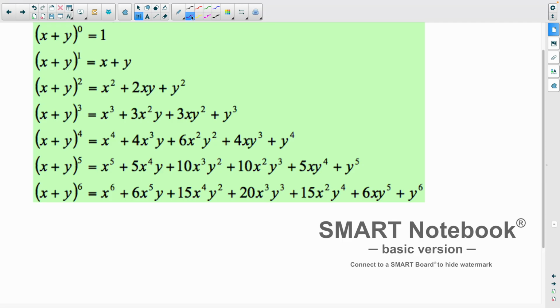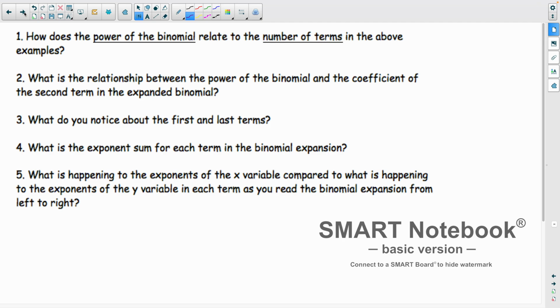That's correct. So the x's are going from big to small, the y's are going from small to big. What's happening to the exponents of the x compared to what's happening to the y's? The x's are decreasing, and the y's are increasing.